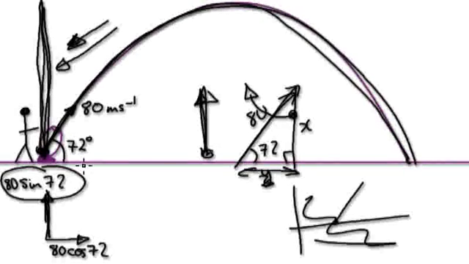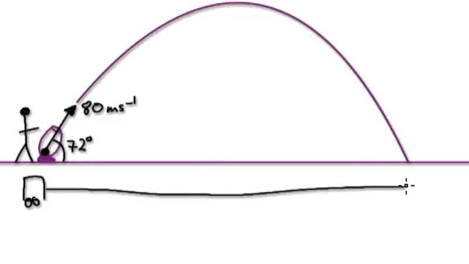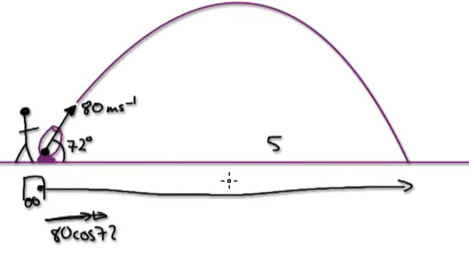Okay, and once you've got your time of flight, then it's you sitting in your dad's car, and then you drive for that amount of time. So the question is, if you and your dad are sitting in a car traveling at, what was it, 80 cos 72 meters per second, and let's say you travel for 5 seconds.